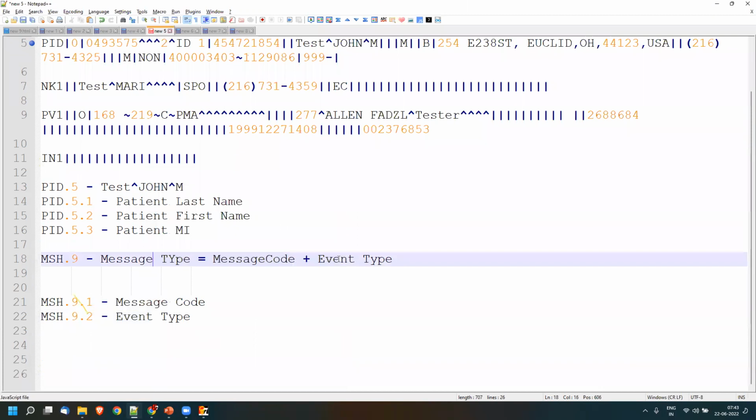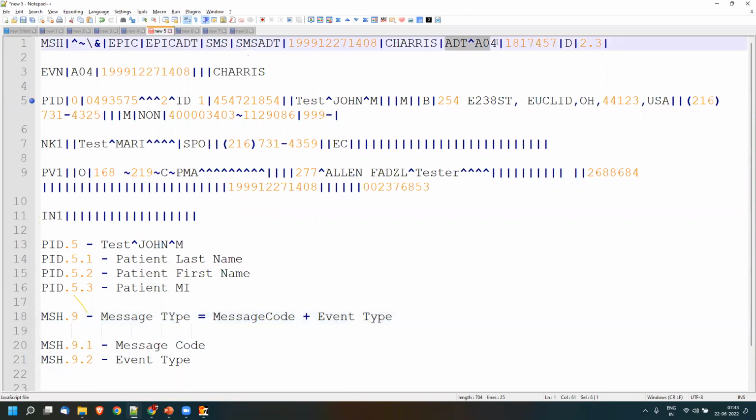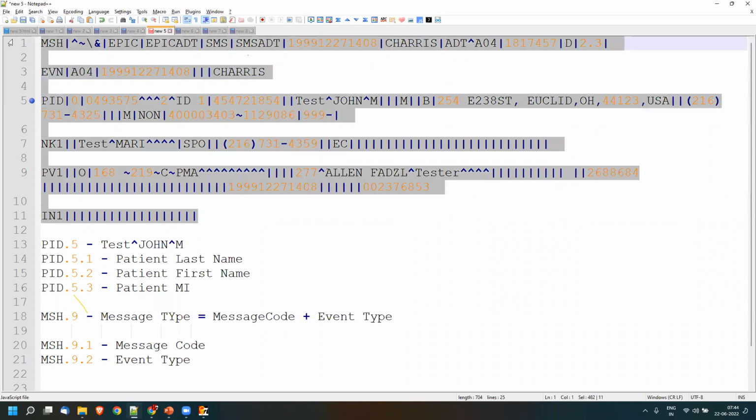Okay. And you as an HL7 interpreter, once you look at the HL7 message code and event type in the MSH 9, then you will understand what kind of message you are dealing with. So if you have SIU S12, then you are dealing with new appointment related data. If you are having DFT P03 in the MSH 9, then you are basically dealing with data that is responsible for some financial transaction.